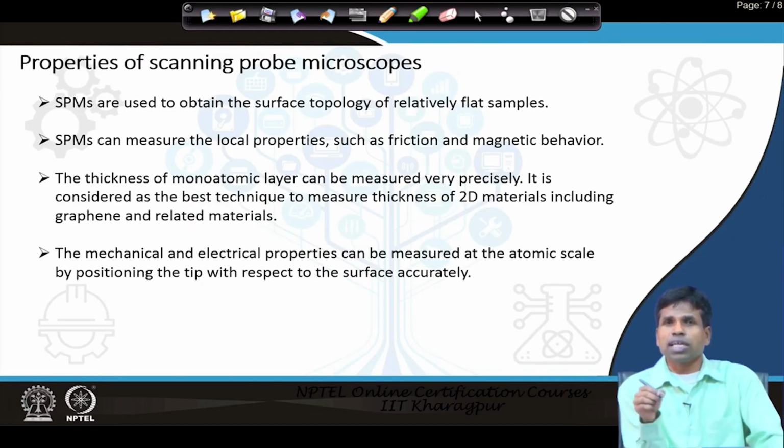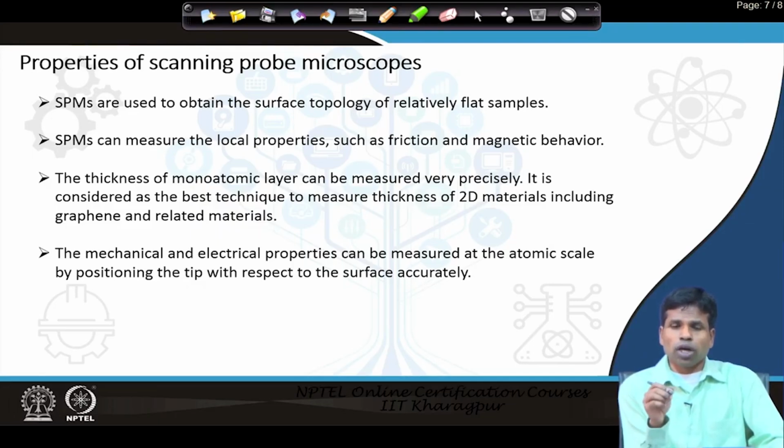As you will see, it is an atomically sharp tip. If the surface is very up and down, there is more probability that the tip can touch the surface of the specimen and thereby get damaged, and then we cannot get accurate information from a damaged tip. So, we expect a relatively flat sample.